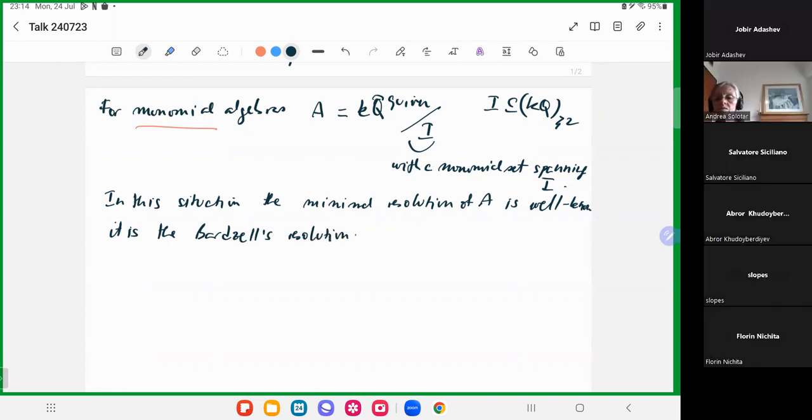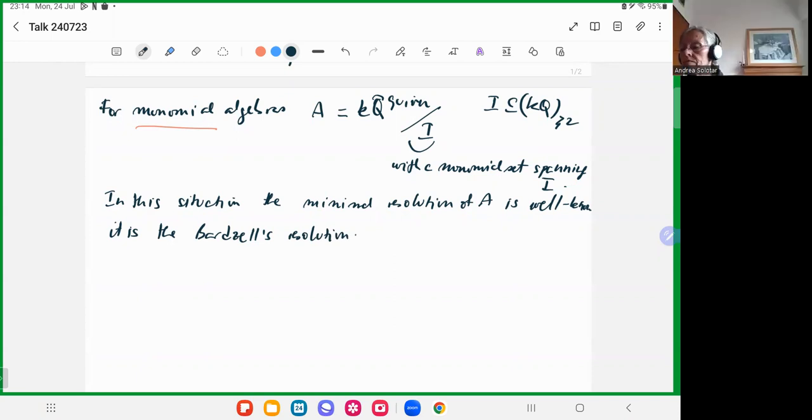But even if the resolution is small and is described very well, it is still very difficult to compute all these invariants in general. So the next reduction that we are thinking about is what happens for quadratic monomial algebras, where the generators of the ideal can be found not only as monomials, but as quadratic monomials.